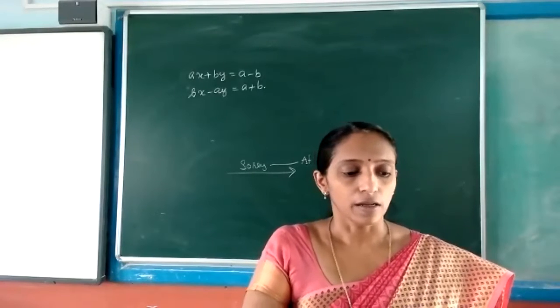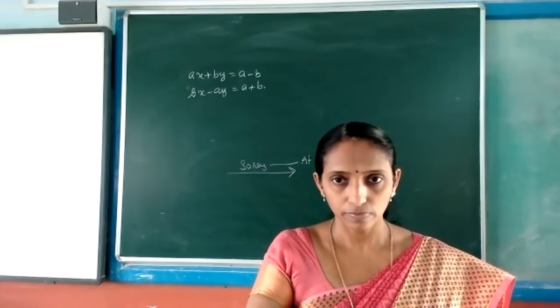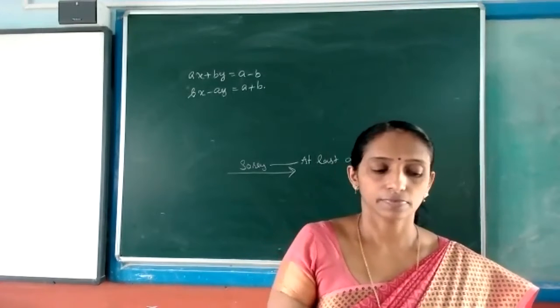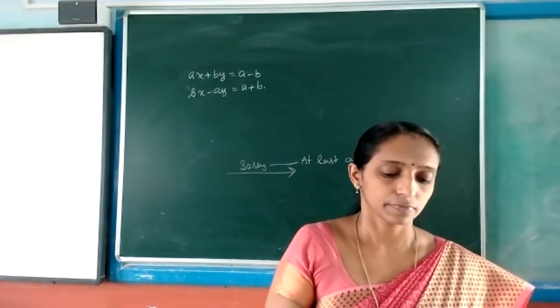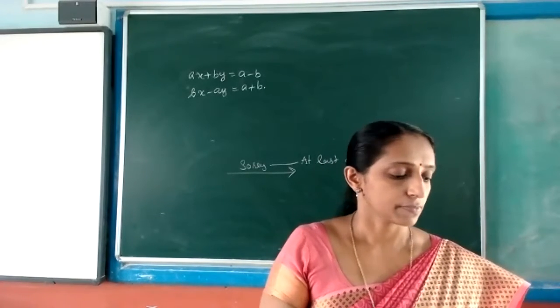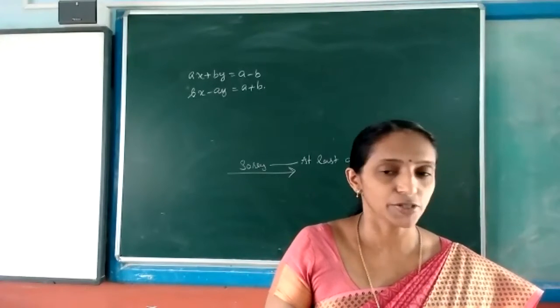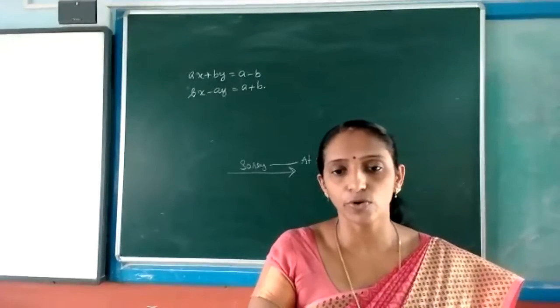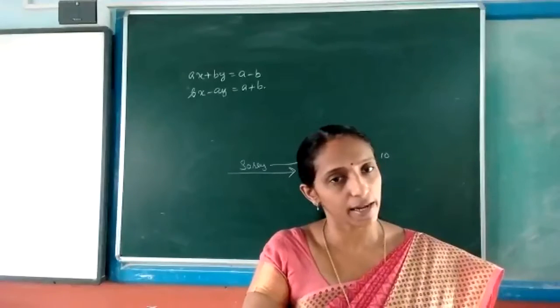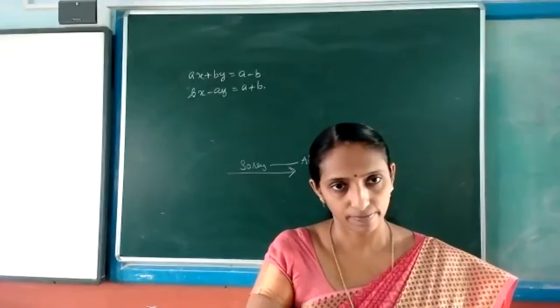And this one question is there in exercise 3.1, page number 76, 11th question, first one. That you have to do by (a plus b) whole square and (a minus b) whole square.